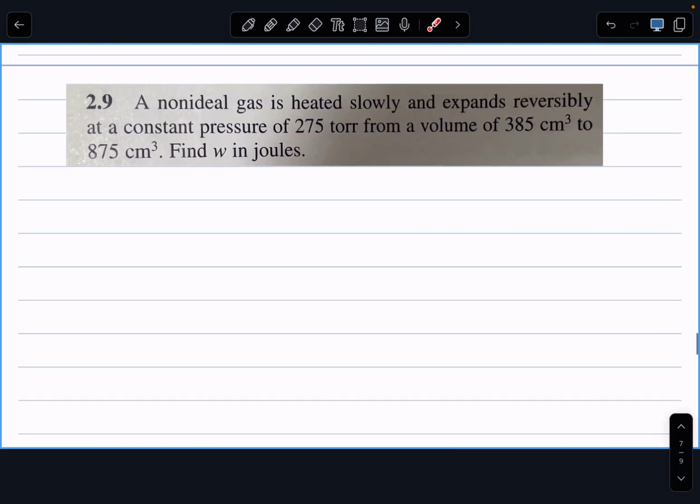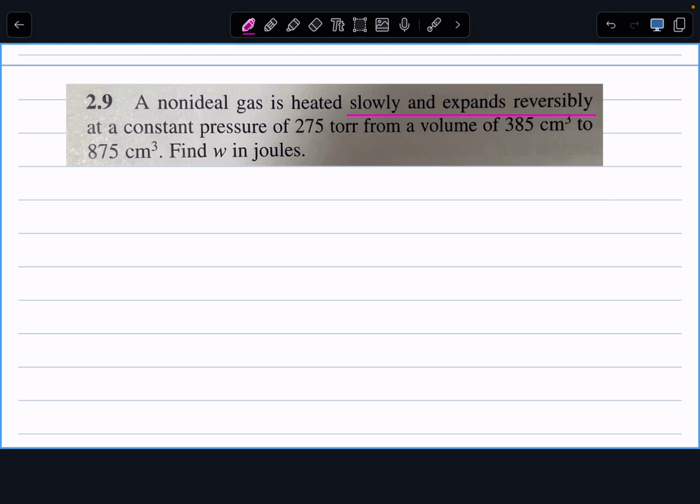Now, example 2.9, and you will do more of these examples in your discussion session, is knowing how to calculate work for a known process. For example, in this problem, we're talking about a non-ideal gas that's heated slowly. Whenever you say slowly, it basically tells you the reversibility.